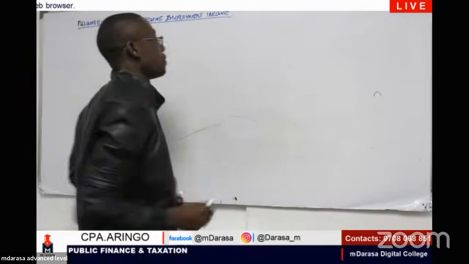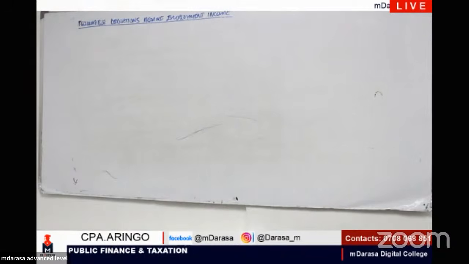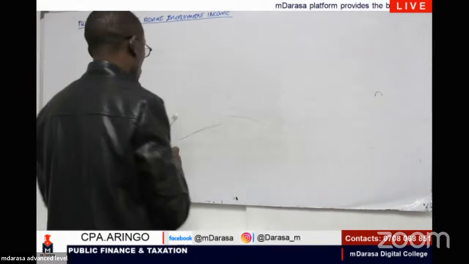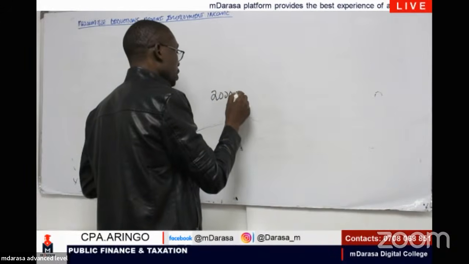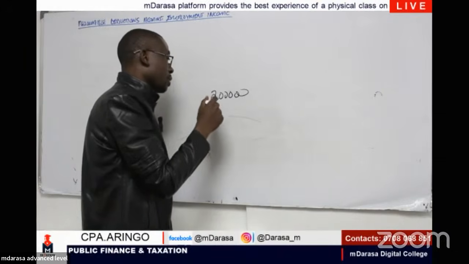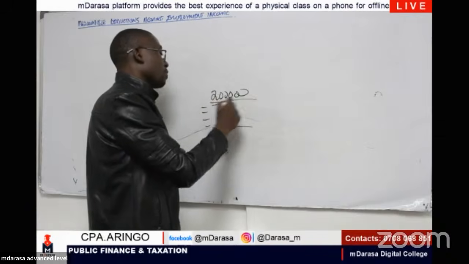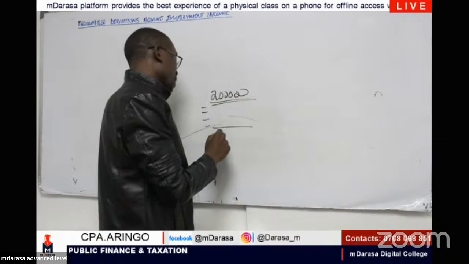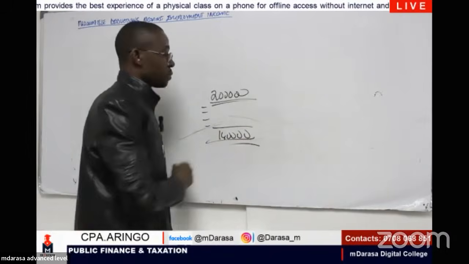Allowable deductions, in a sense, are these expenses that should be deducted from your employment income. If you are supposed to pay tax on, say, 200,000 as your taxable income, then the deductions will reduce this value that should be taxed, to say 140,000, for example.